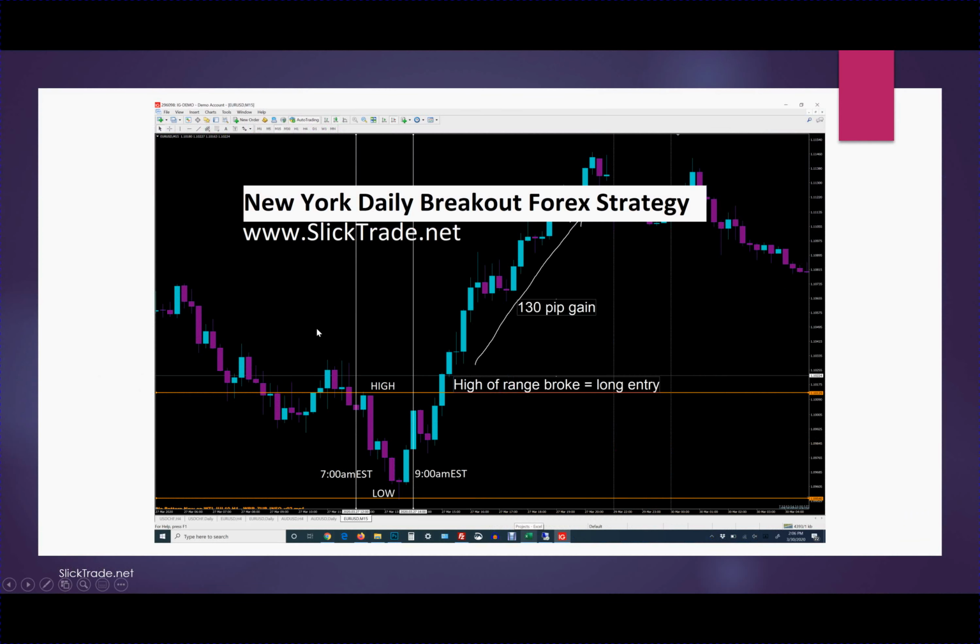Here's a little bit larger view for you, okay? Here was our high, and here is our low. As you can see, our high broke, 1, 2, 3, so about 45 minutes after, okay, the high broke the range and price continued up.